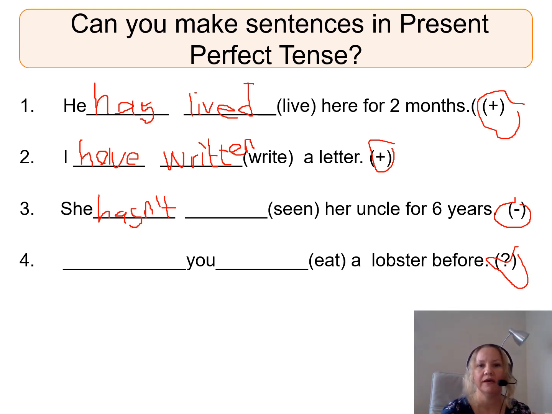So I made a mistake here. I was going to just say see, because seen, I gave you the answer. See, verb 1, verb 2 is saw, simple past tense, and seen is the verb 3.